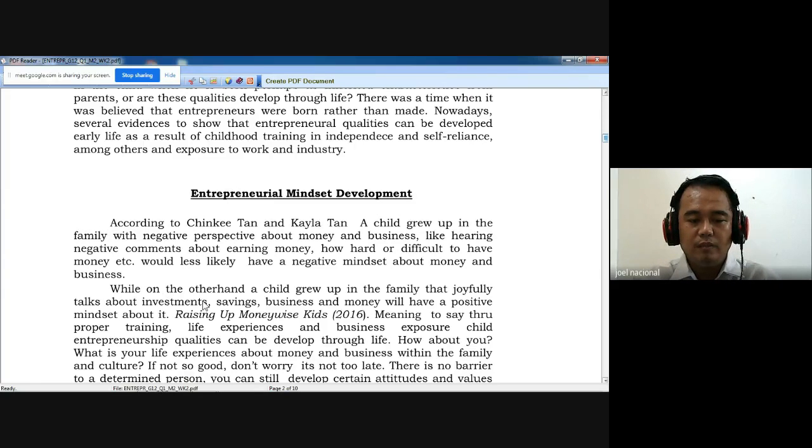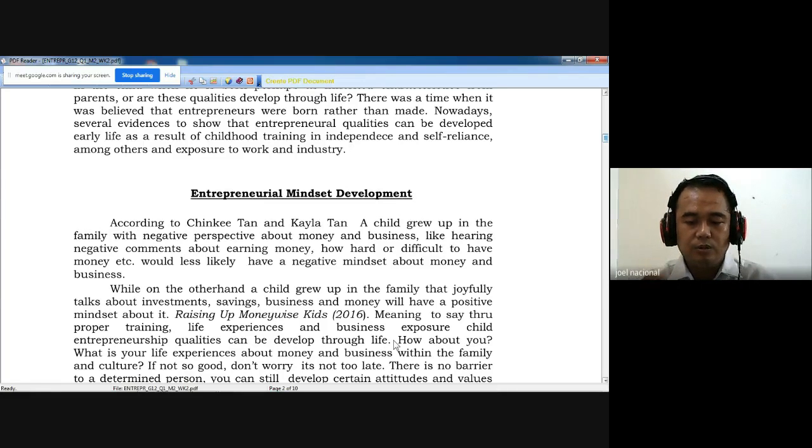On the other hand, a child who grows up in a family that joyfully talks about investment, savings, business, and money will have a positive mindset about it. Raising Money Wise Kids, 2016, meaning to say through proper training, life experiences, and business exposure, child entrepreneurship qualities can be developed through life.